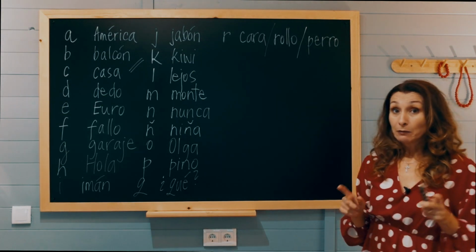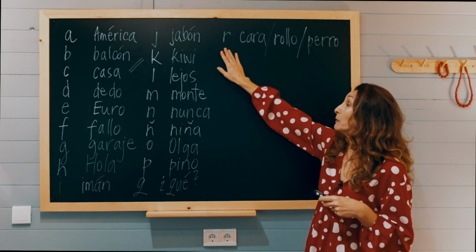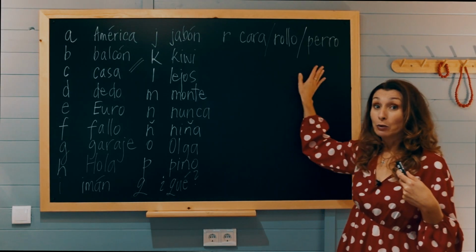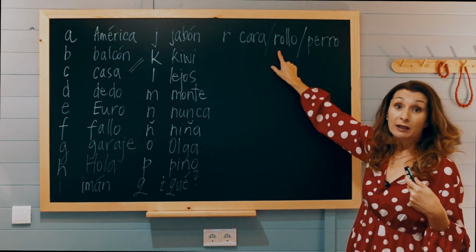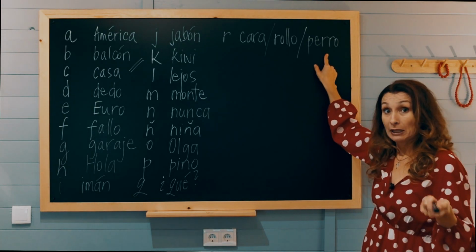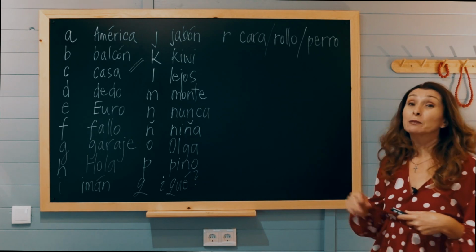This is very important in Spanish, distinguishing between just a single R and a double one, okay? Whether it's double because it's at the beginning of a word or it's double because it actually is a double even in spelling.